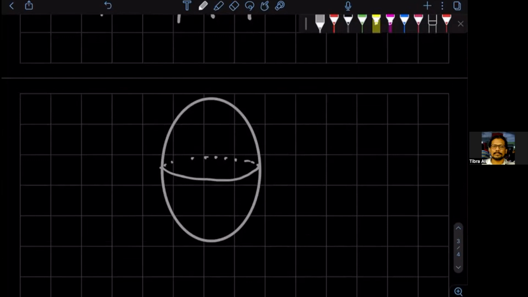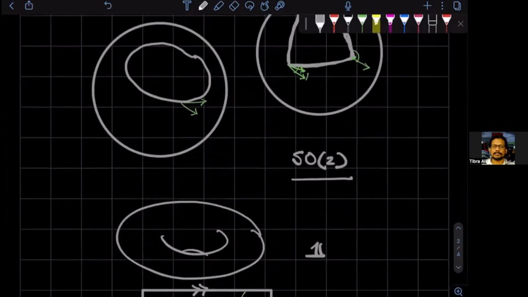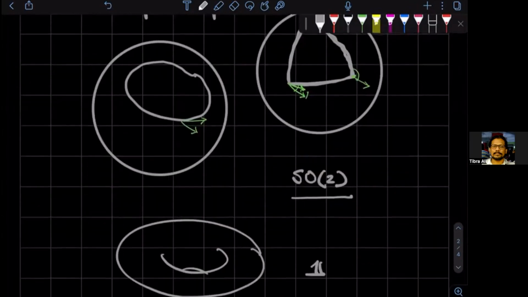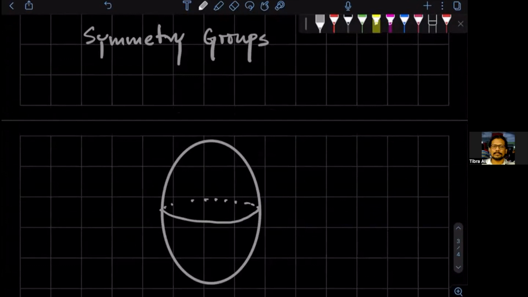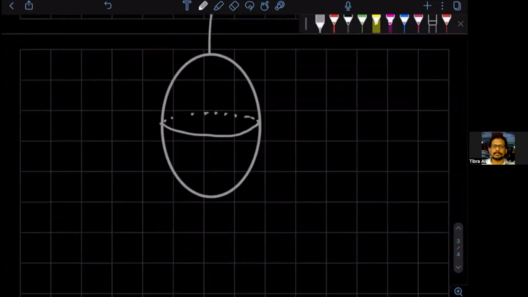Because here the sphere was symmetric under rotation around any axis, right? But here we see the sphere is no longer symmetric under rotation around any axis, but it's symmetric under rotation on this axis. And the symmetry around the other axis has been broken down to some discrete symmetry.